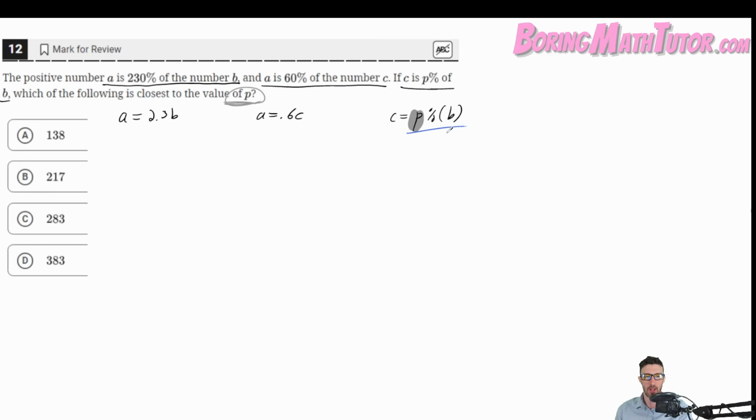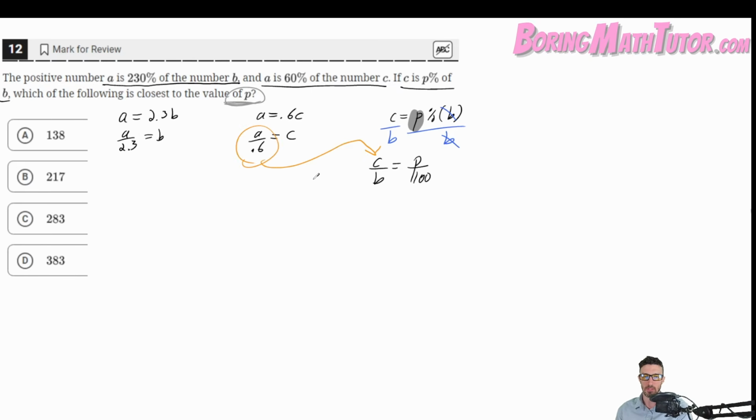Now I can start that process by dividing both sides by B. And that would get me P%, but P% is the same thing as writing P over 100. So I now have that it's equal to C over B. Okay, well, one thing I can do is solve this equation for C, which would be A over 0.6, and solve this equation for B, which would be A over 2.3, and then I just get to plug those in.